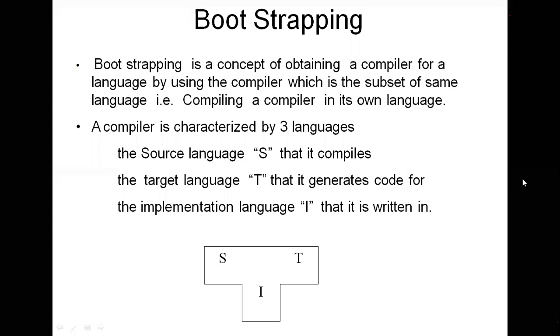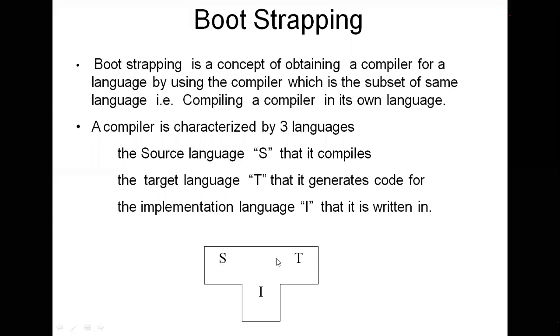And here we have the structure in the form of a T structure, where the T consists of three languages: S, T, I. S is the source language, T is the target language, and I is the implementation language.